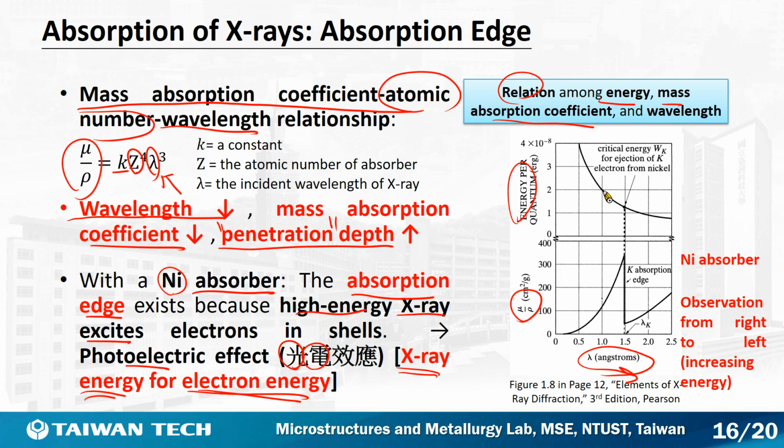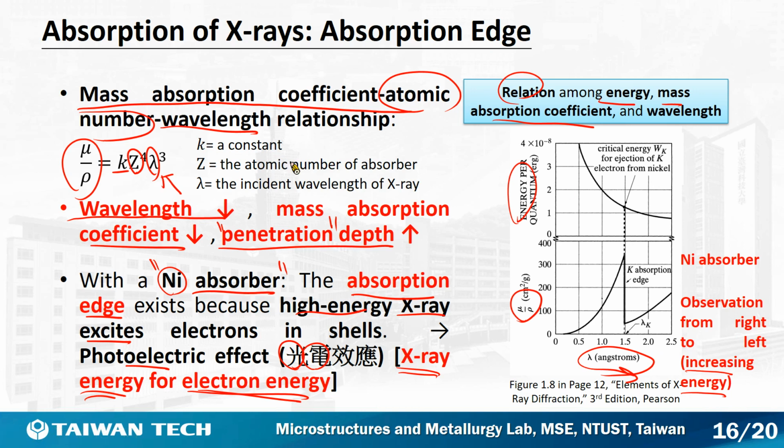Then let's see, if we have a material, what we call a nickel absorber, in the middle of this X-ray, meaning the X-rays penetrate this nickel absorber, what will happen? Let's see the above figure. The observation will be from right to left, that is, increasing energy or decreasing wavelength.